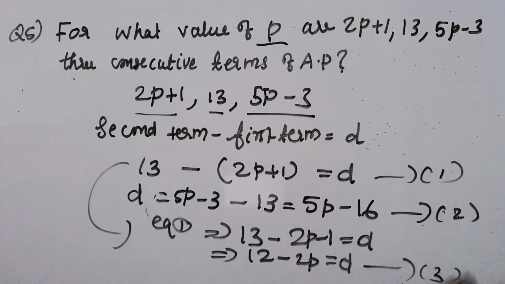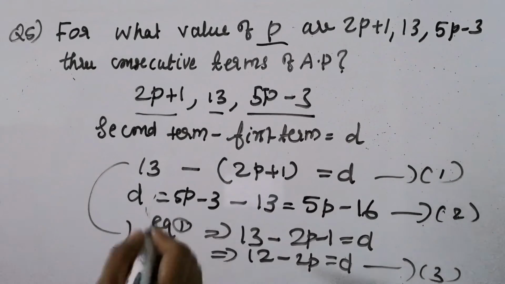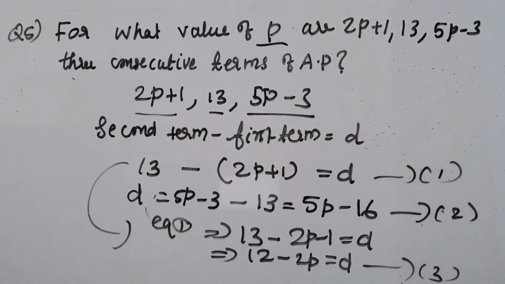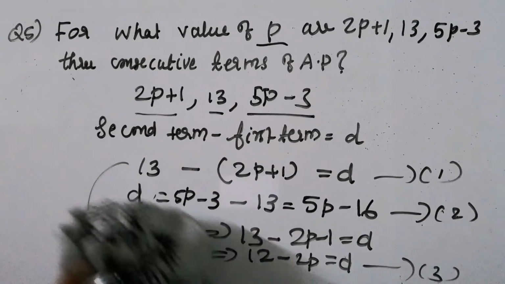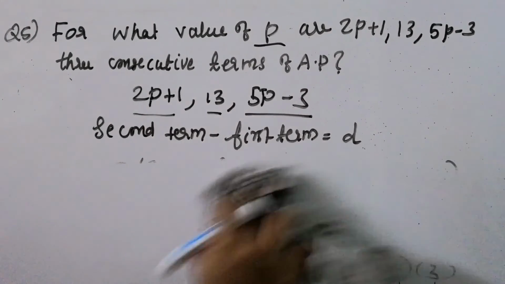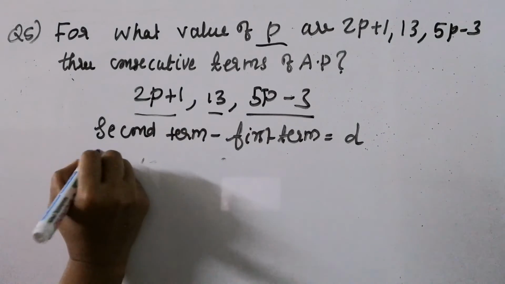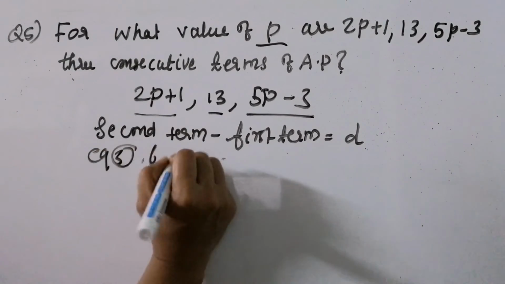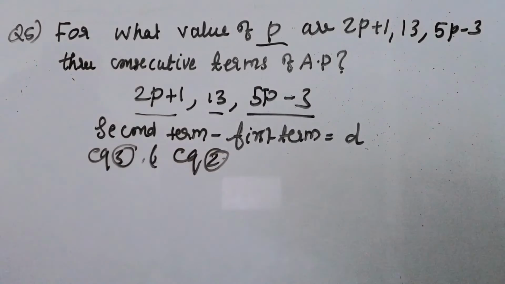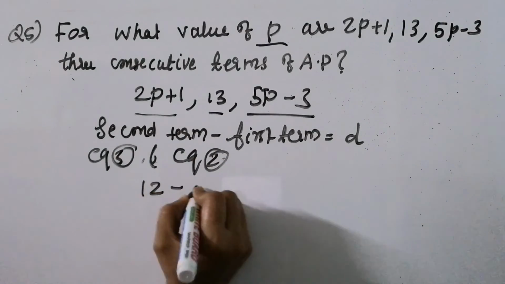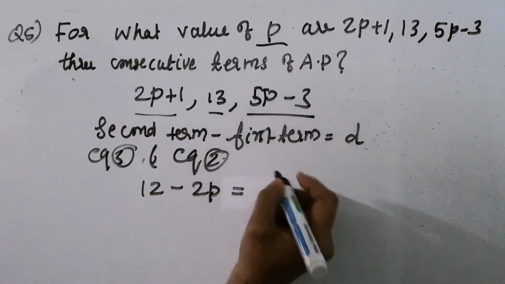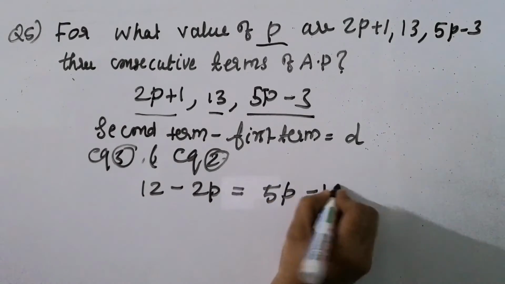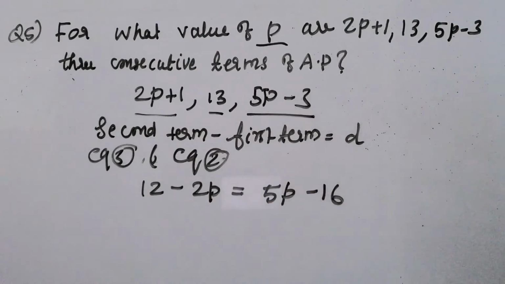Then we use these two equations to solve for our common difference. Using equation number 3 and equation number 2, we write 12 minus 2p is equal to 5p minus 16. Then we compare these two.